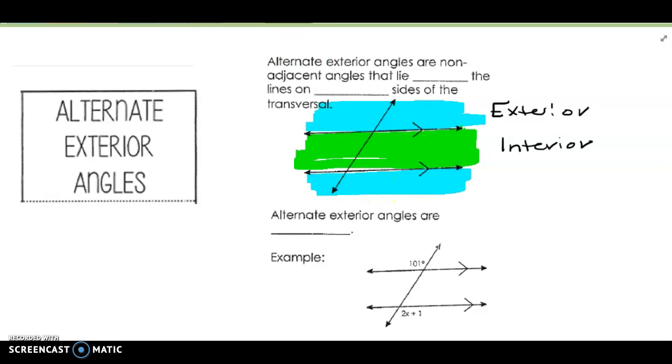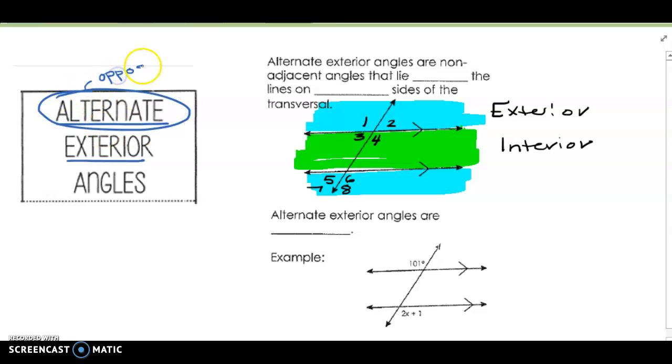So I'm going to go ahead and do the same thing I did before. You can say 1, 2, 3. I'm just labeling the angles. 5, 6, 7, 8. All right. So when I talk about alternate exterior, okay, so alternate means one thing, exterior means another. So alternate means it's the opposite side of the transversal.